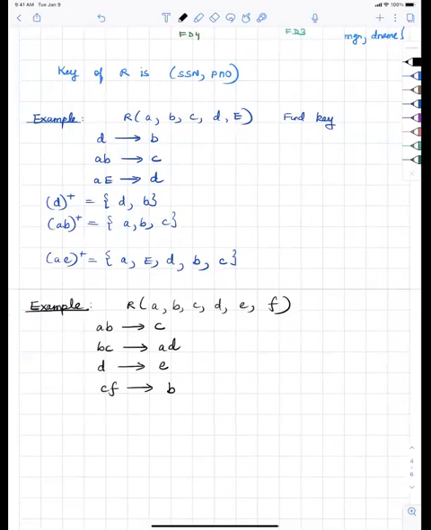I want you to find the keys for this table. And when you find one, don't stop. There are two different keys. So they're candidate keys in this case.